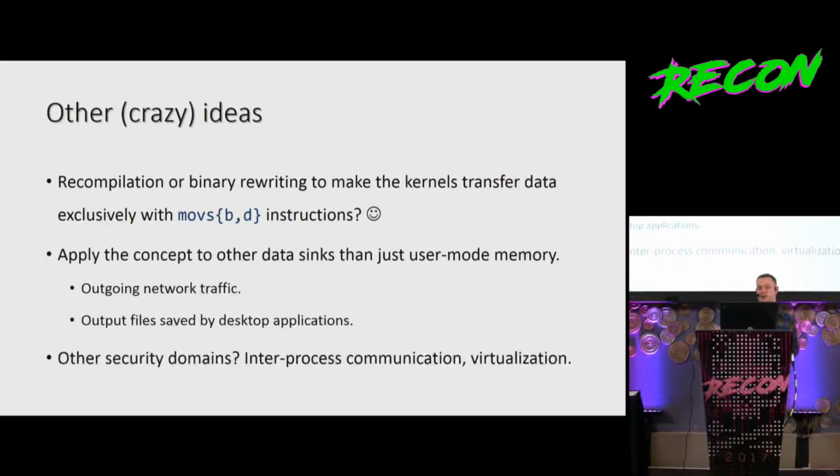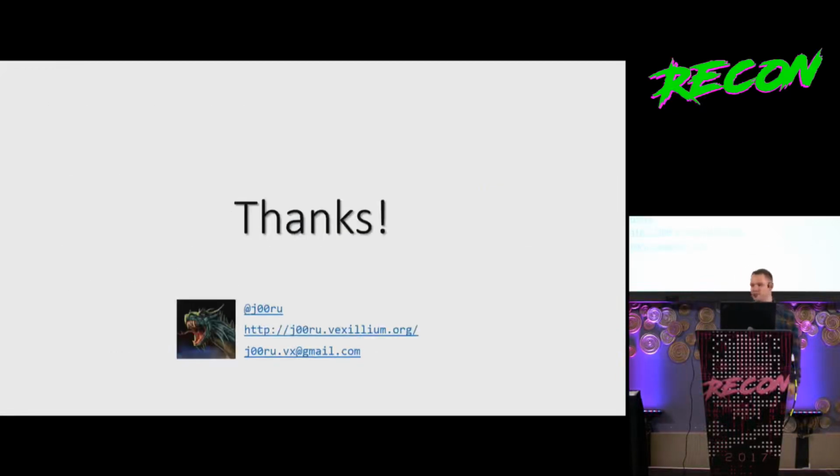Or even apply this whole idea to other security domains, such as inter-process communication for sandboxes or virtualization. There are a lot of things this could probably be applied to. So Bochspwn is not dead. Thank you for listening to me, and I can answer questions now or maybe later.